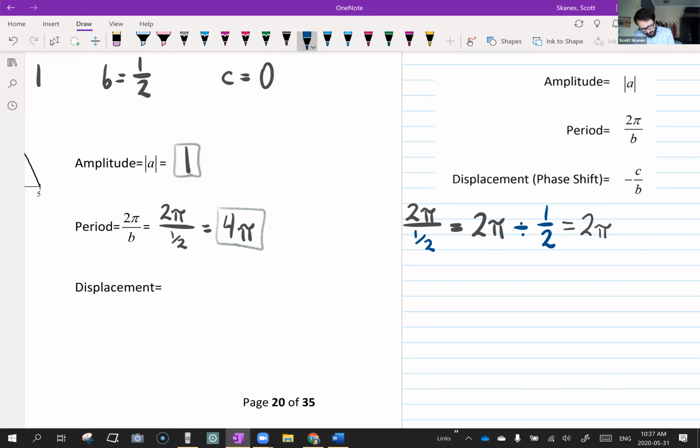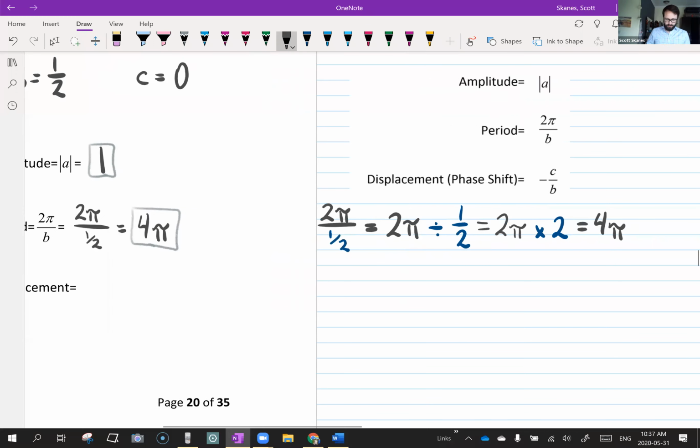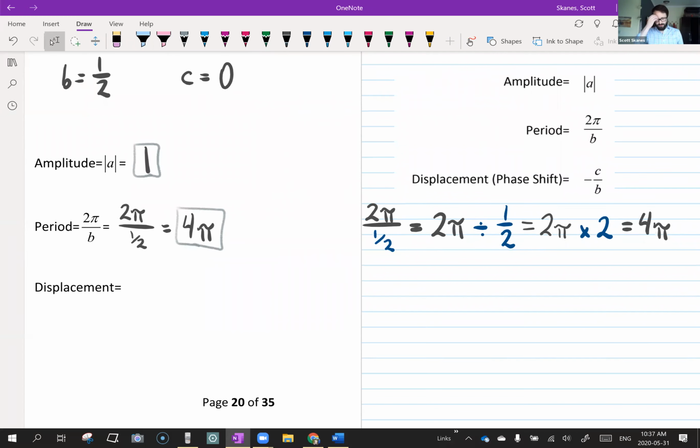It's the same as multiplying by the reciprocal, 2 over 1, or 2. So 2 pi divided by a half is the same as 2 pi times 2, which then is very easy. 2 pi times 2 is 4 pi. All right? That's the fastest way to do that, in my opinion, if you're not confident. Of course, 1 over 2 becomes 2 over 1, but it's just 2.